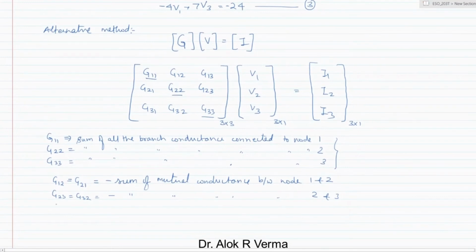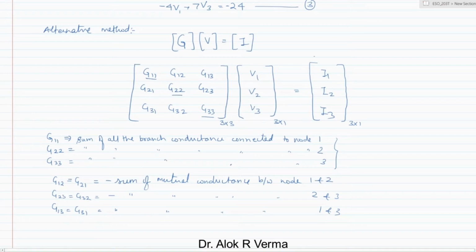Similarly G13 and G31 are the negative of the mutual conductance between 1 and 3. So all the mutually shared conductances are the non-diagonal terms, and the total conductance connected to a specific node is taken as the diagonal term.